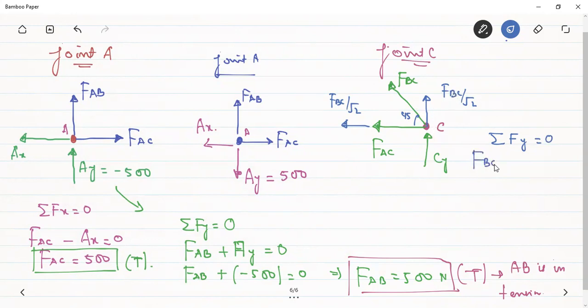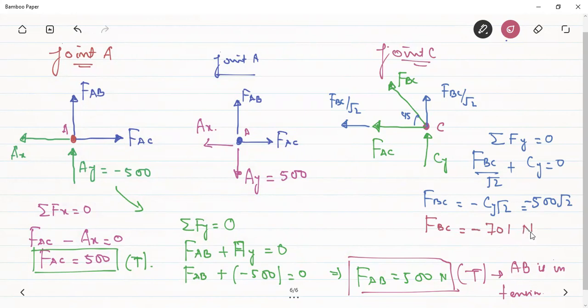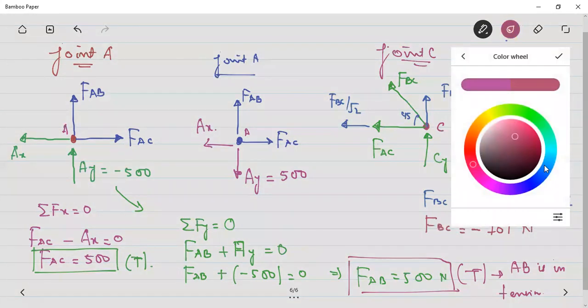Therefore, we can write that FBC by root 2 plus CY is equal to 0. Then FBC will be equal to minus CY root 2. CY here is 500, so it is minus 500 root 2, and this FBC is minus 701 newtons. So here we got the result to be negative.